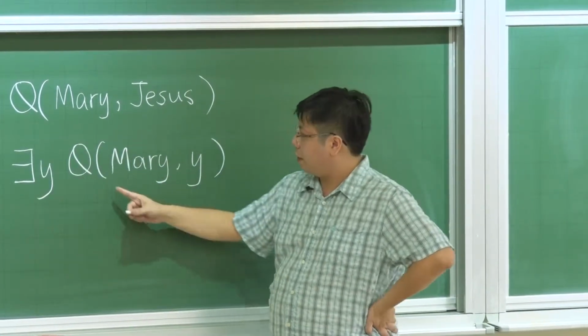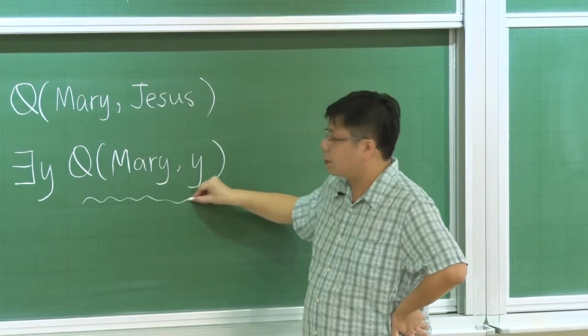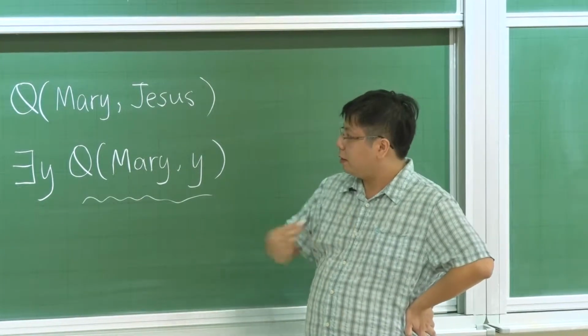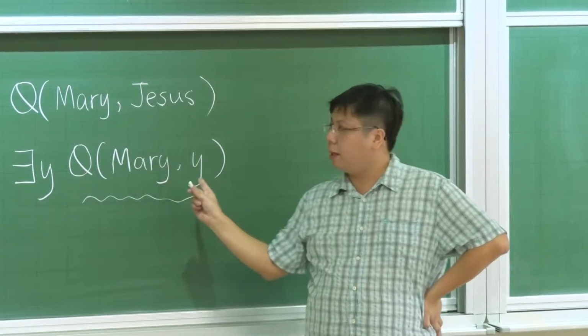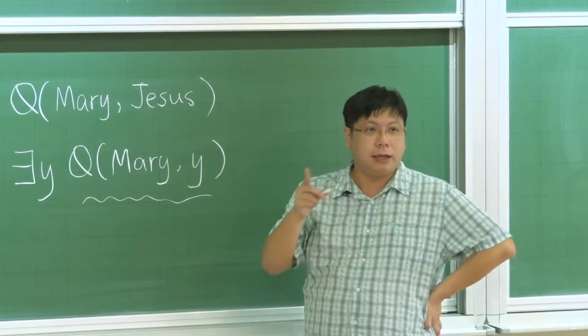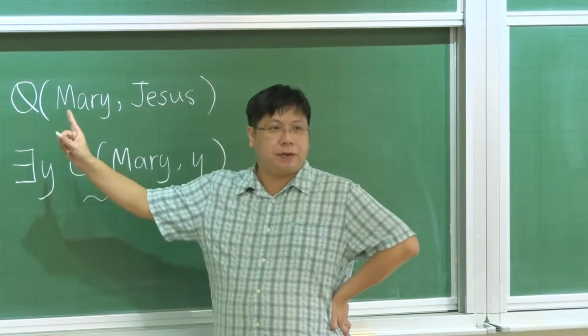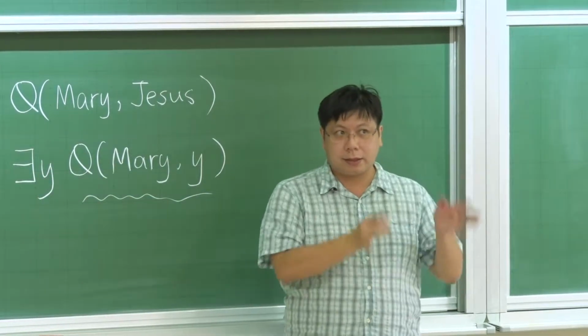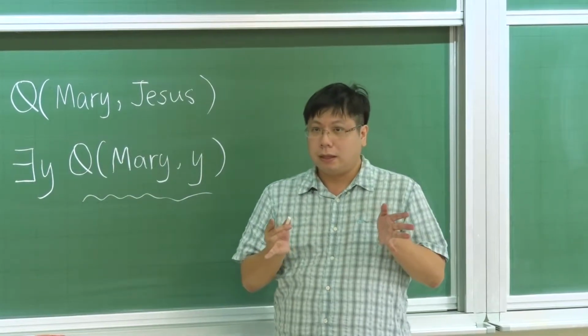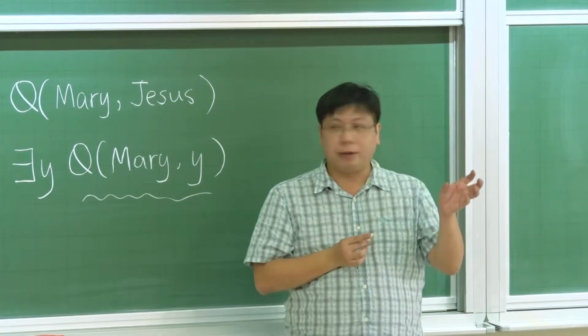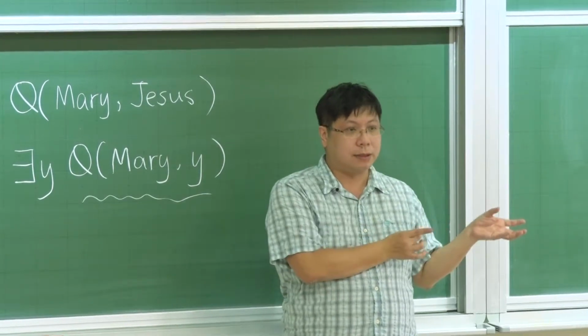So this looks like a propositional function, right? And if we look at it, Q(Mary, y) says that Mary is the mother of y. And if we combine this with there exists y, there exists someone such that Mary is the mother of that person.